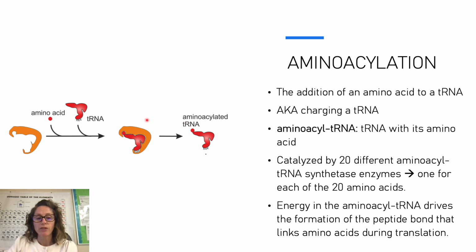So the energy that is going to be in this aminoacylated tRNA will have the energy that's needed to add the amino acid to the growing polypeptide. So in this diagram, this is our specific aminoacyl tRNA synthetase, and it has a specific binding spot for that anticodon. So that's how it knows specifically which tRNA it's supposed to be binding. And so we have an amino acid here, we have a tRNA, they're going to bind to this enzyme, and then we have our aminoacyl tRNA.